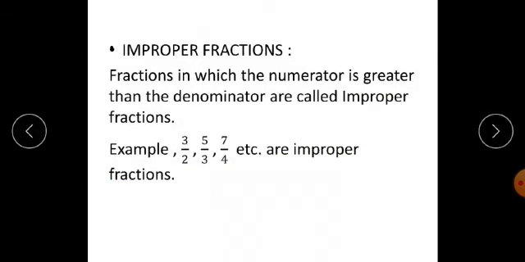And the last type is improper fractions: fractions in which the numerator is greater than the denominator are called improper fractions. Example: 3 upon 2, 5 upon 3, 7 upon 4, etc. Here also, if you see carefully, the denominator of each fraction is smaller than its numerator, or we can say the numerator of each fraction is greater than the denominator, and therefore these are examples of improper fractions.